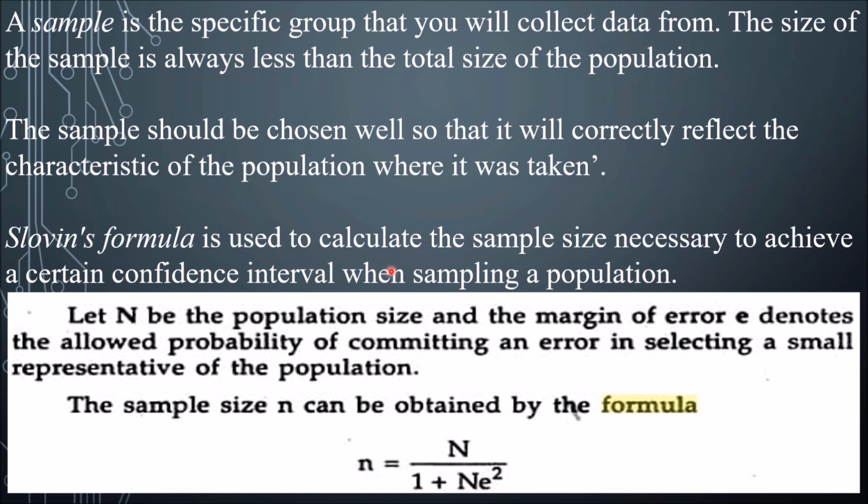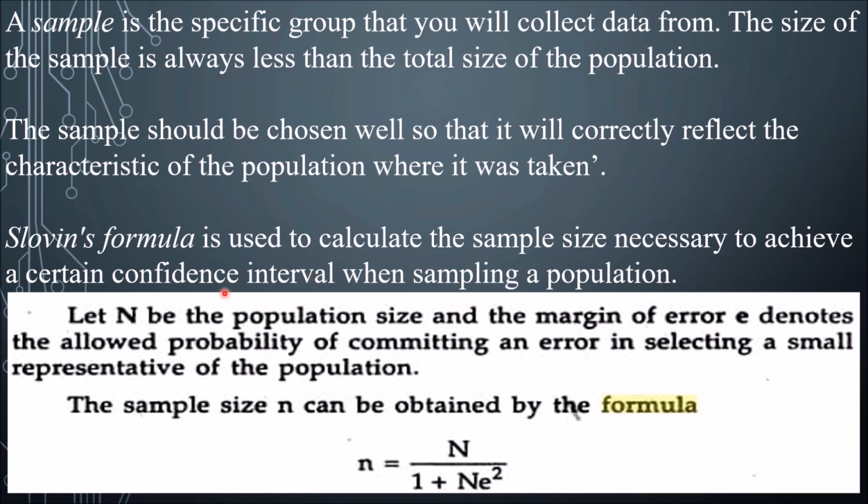Slovin's formula is used to calculate the sample size necessary to achieve a certain confidence interval when sampling a population. In this case, we have N as the population size and the margin of error E. This is the counterpart of the confidence interval, so the total of that is 100.